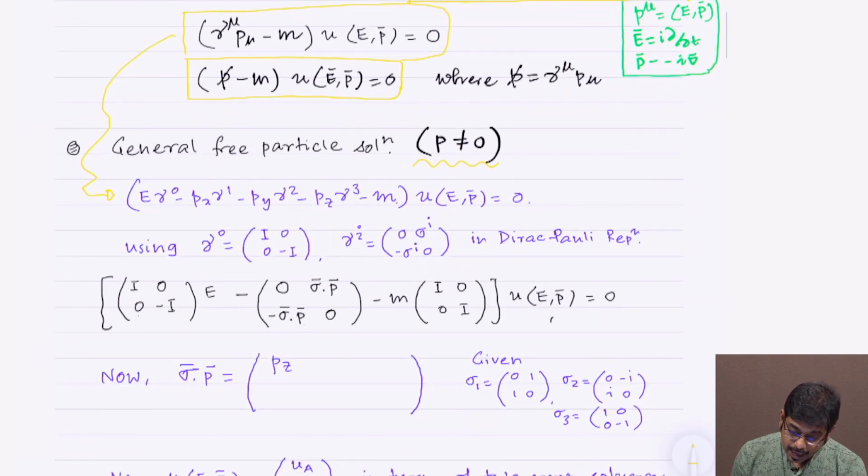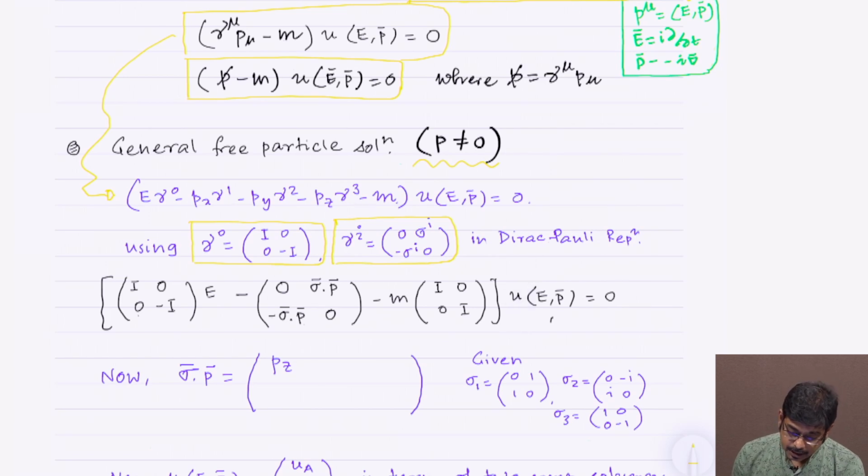Now we can also use the matrix forms in the Dirac-Pauli representation, which we already derived, or rather pointed out in the previous lectures: gamma 0 will be (1 0; 0 minus 1), gamma i will be (0 sigma i; minus sigma i 0), and the sigma i's are the Pauli spin matrices, right?